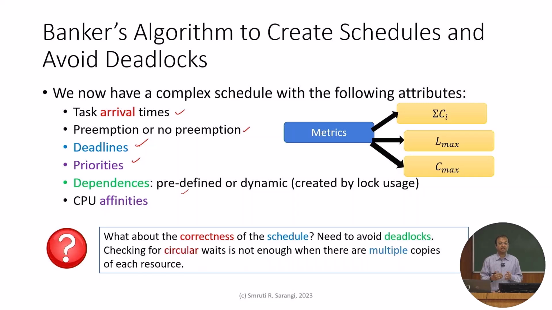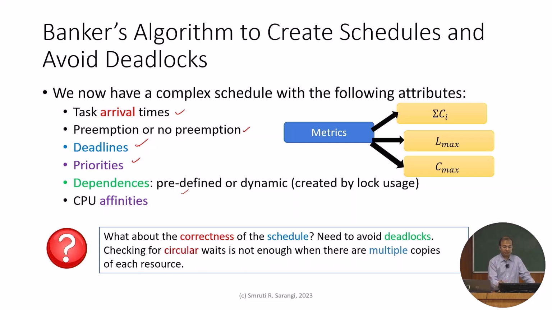CPU affinity is again a multi-core multiprocessor concept where you say that the ith core should only run these threads, and this thread should only run on the jth core. There is a set affinity function in Linux where you can say, if you are scheduling, kindly ensure that this thread has a preference for this core. So that is an affinity.